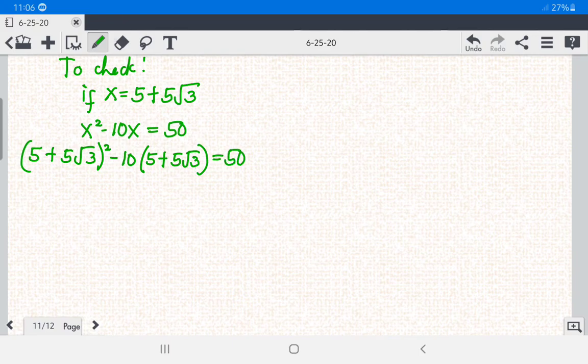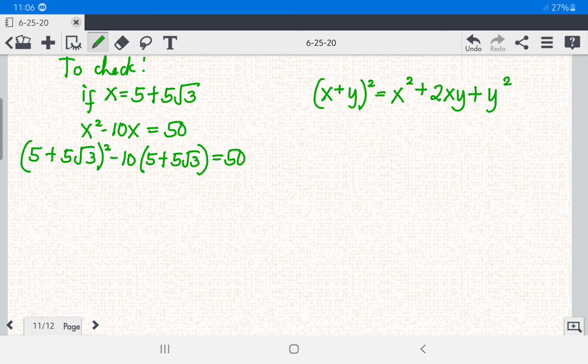Now, again, as you can see, this is a square of a binomial. To find the product, again, we're going to make use of the concept of finding the product of a square of a binomial. So we have (x plus y) squared. The product of that is the square of the first term, plus twice the product of the first and the second term, plus the square of the second term.